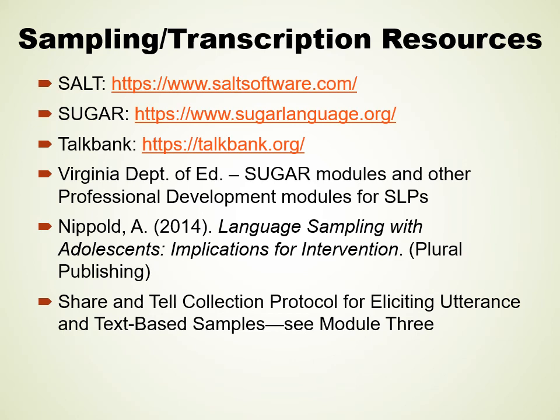The Virginia Department of Ed website has further information about SUGAR and of course other professional development opportunities for SLPs. If you are a clinician who works primarily with adolescents, you may find Marilyn Nippold's book, Language Sampling with Adolescents: Implications for Intervention, helpful both in assessment and intervention work.